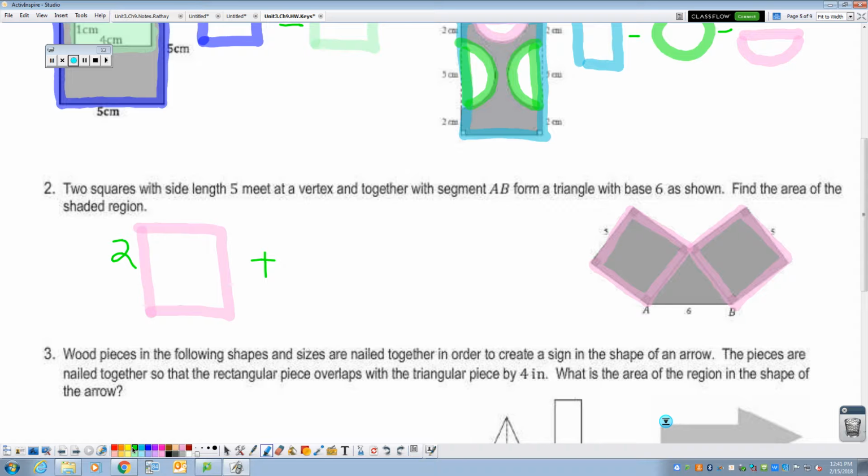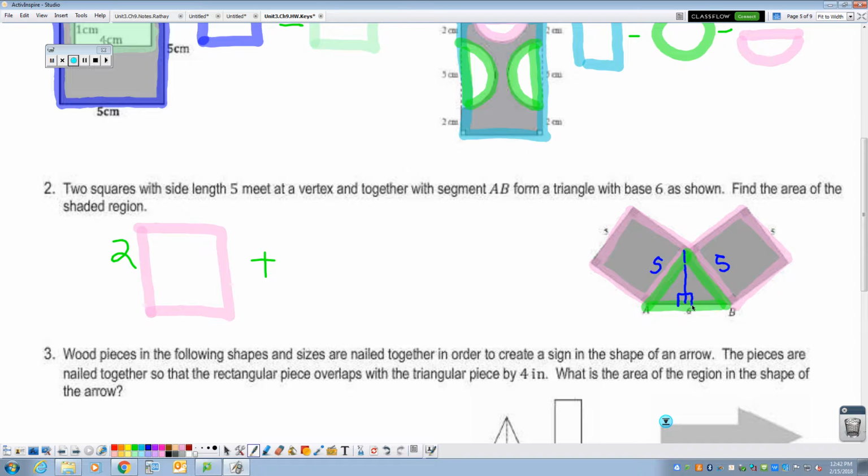Now to get the triangle, we have the area formula of 1/2 base times height, but I don't currently have the height of this triangle. However, I do know that if that's a square and that's 5, this is 5. Making this an isosceles triangle, we would probably draw the height in right here.